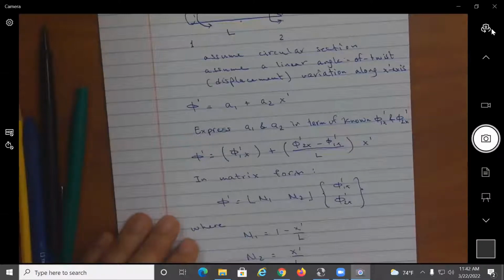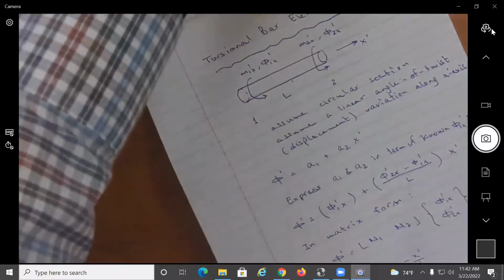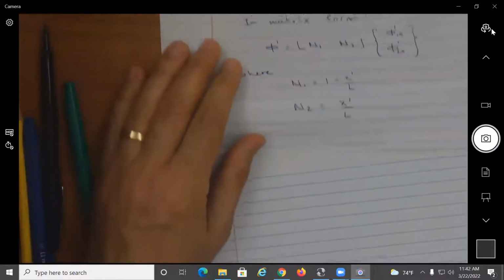So I hope you can see that. So here we have shape functions.